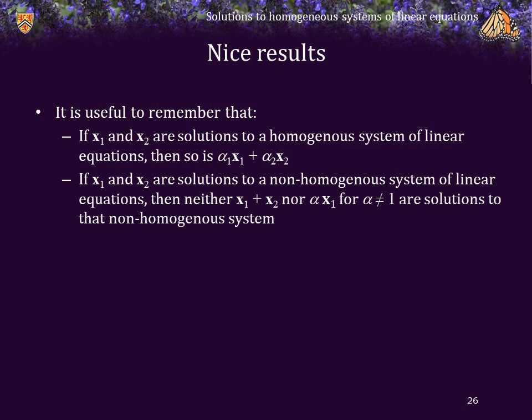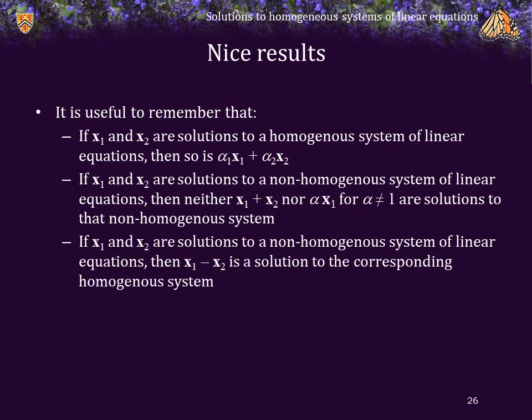If x1 and x2 are solutions to a non-homogeneous system of linear equations, then neither x1 plus x2 nor alpha times x1 for any alpha not equal to 1 are solutions to that non-homogeneous system.